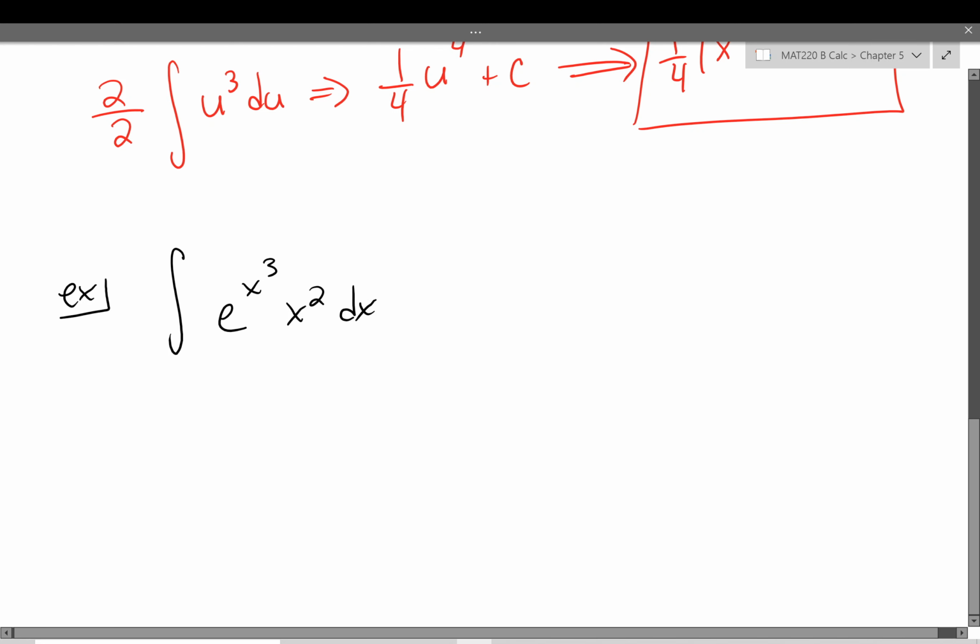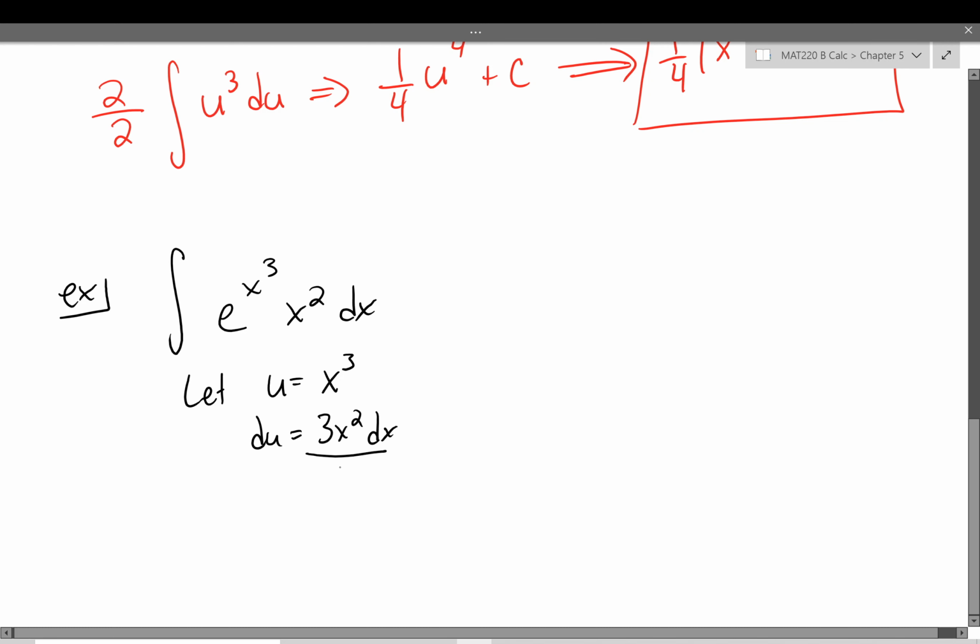So I'm going to let u equal x cubed, and du is going to equal 3x squared dx. In other words, I'm taking the derivative of u.